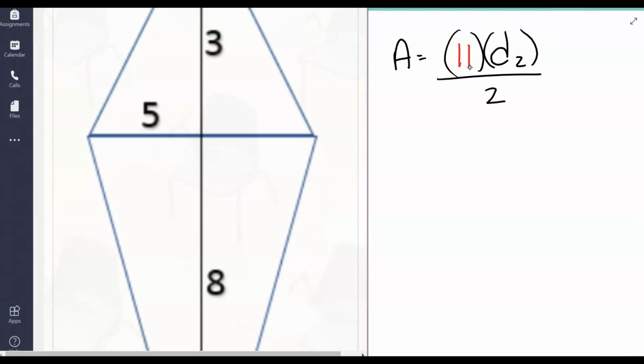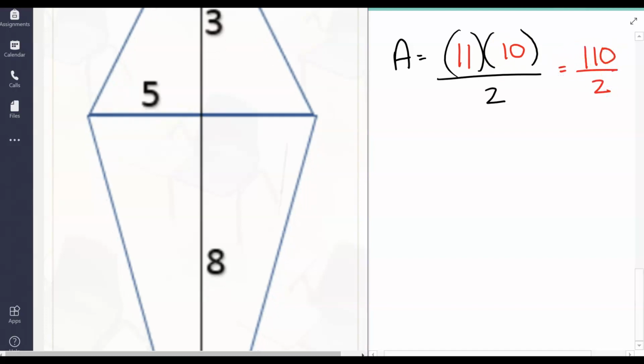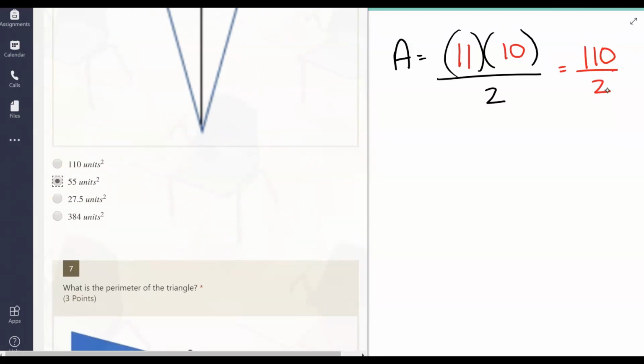While they only gave me 5 for the other diagonal, this ultimately is a kite, so I should remember that that diagonal is bisected. So if this is 5, that's 5, making the whole thing 10. And now I just calculate. I have 110 divided by 2, and that's going to give me 55 units squared as my result.